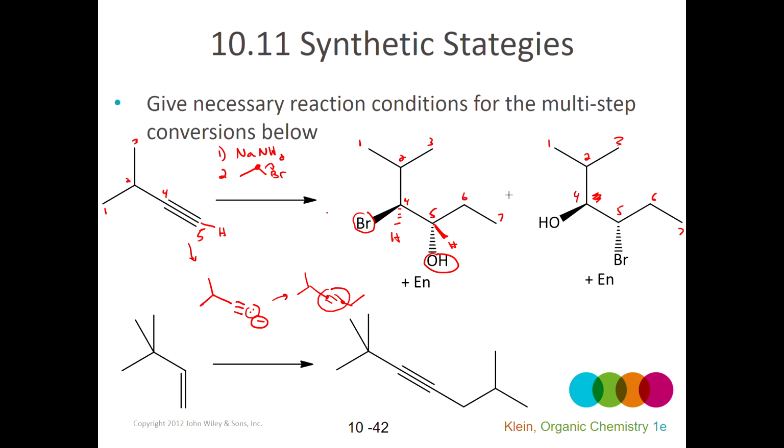So if I'm adding two hydrogens, I need conditions that will add two hydrogens across there, but still maintain the carbon skeleton in a way that will keep the pi bond so that the bromine and hydroxide can be added across the pi bond anti with respect to one another.